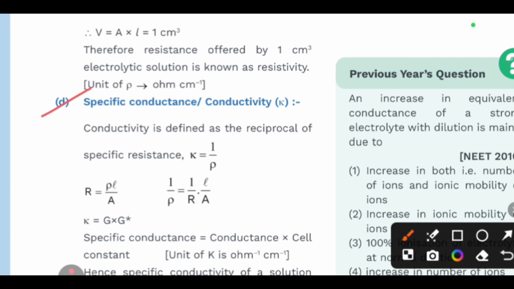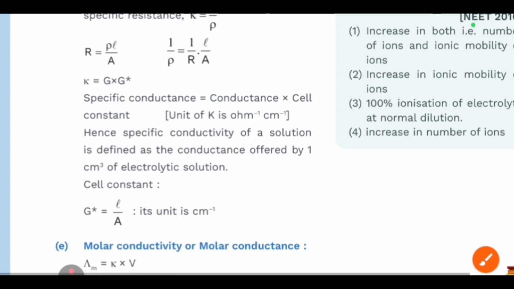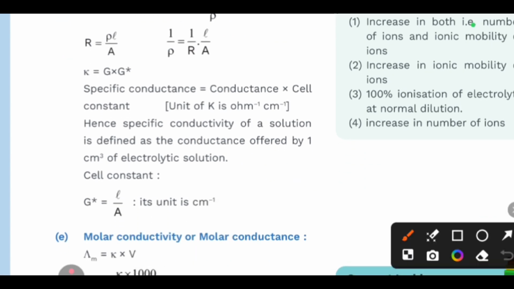The next term given here is specific conductance. It is the inverse of resistivity. Whatever value you get for resistivity, if you take its inverse, you will get the conductivity. The same formula is used here. Specific conductance is equal to conductance into cell constant.